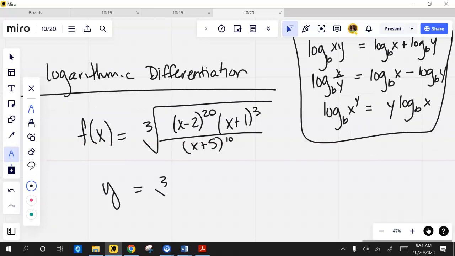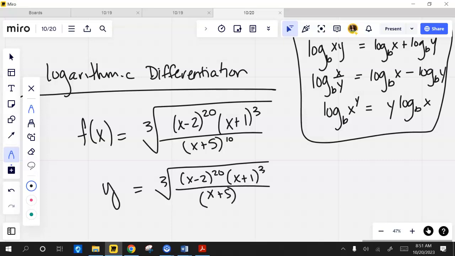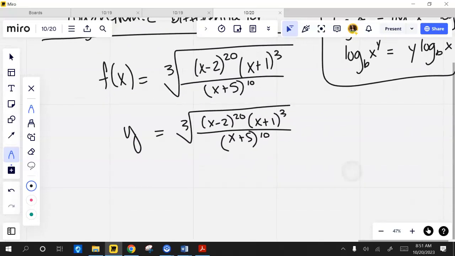I'm going to change this to Y just so you see what's happening a little bit easier. Again, if you want to go through the headache of differentiating this directly. But what logarithmic differentiation does is it says take the log of both sides.